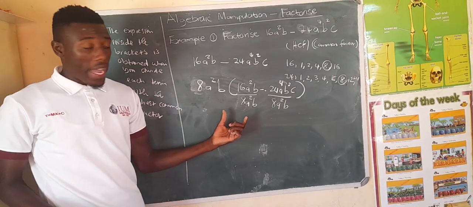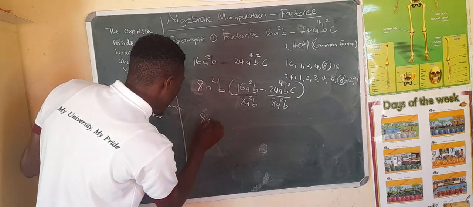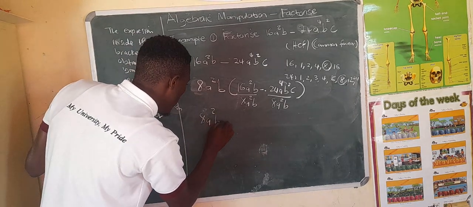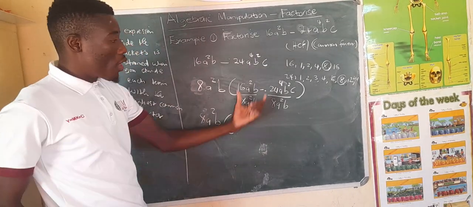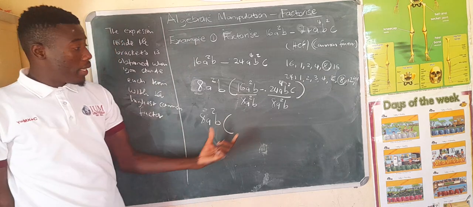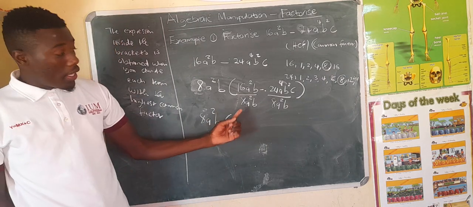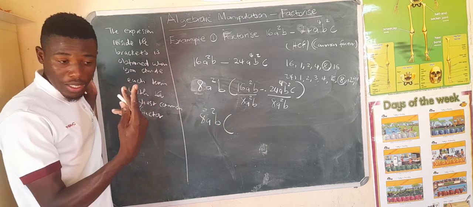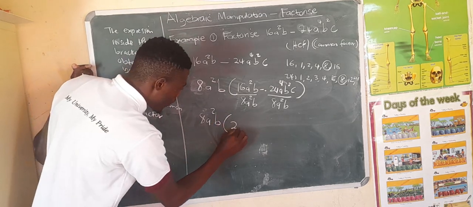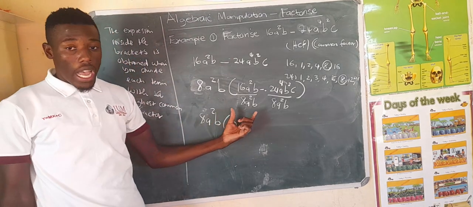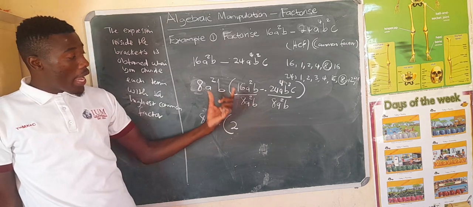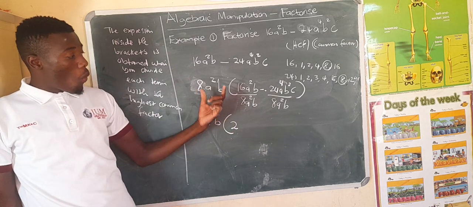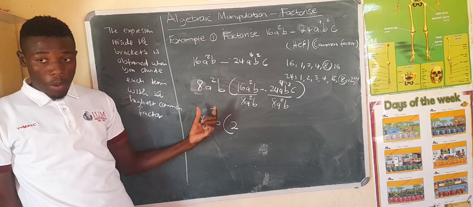Okay, now let's divide. I have 8a squared b. I want to get this expression inside the bracket. 16 divided by 8, we get 2. Now I have taught you that when we are dividing variables, we are subtracting the exponents.